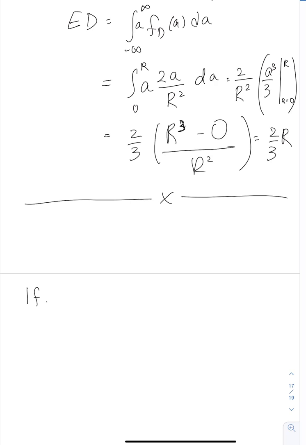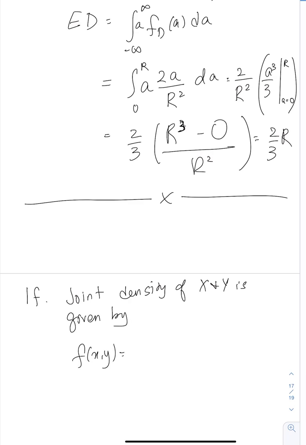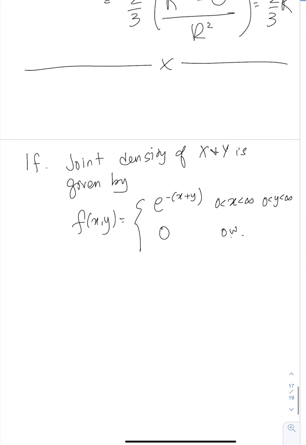The joint density of random variables x and y is e to the minus (x plus y) when x is between 0 and infinity and y is between 0 and infinity, so these random variables are never negative, or negative with probability 0, and 0 otherwise.